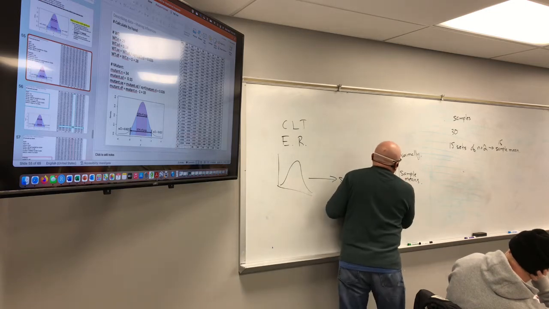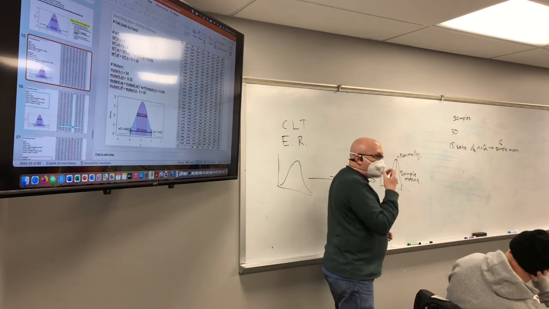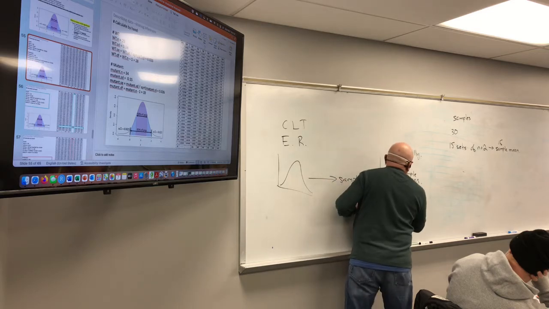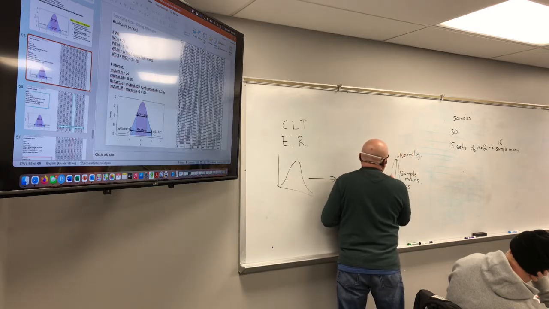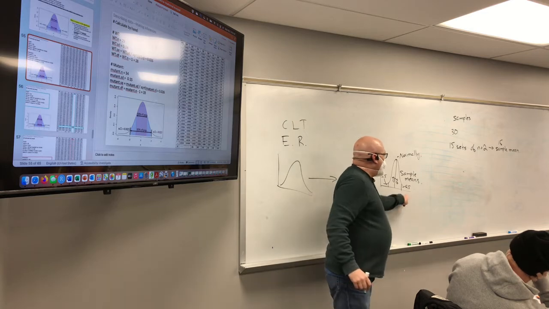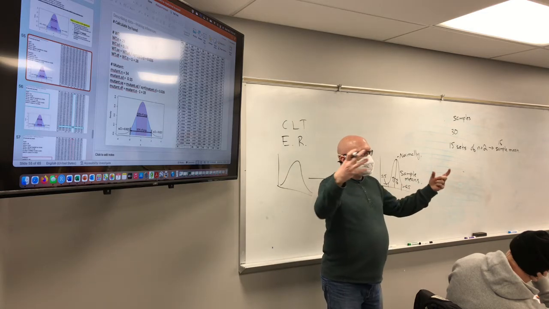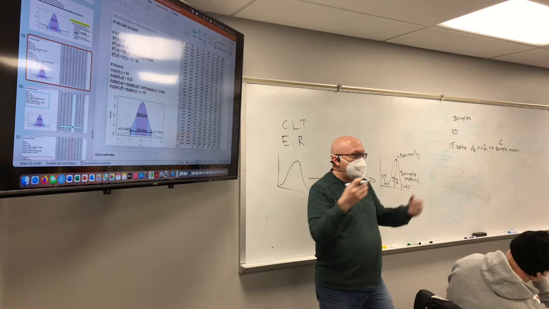So if you have 95% of the observations in here, you have 2.5% out here, you have 2.5% out here. So you have distribution density out in both tails.